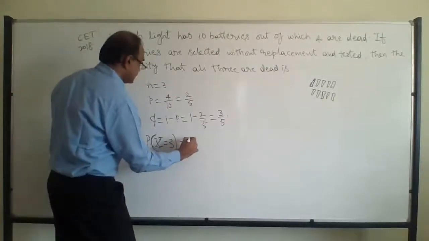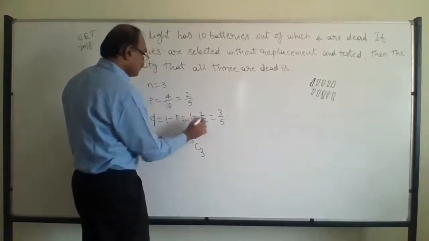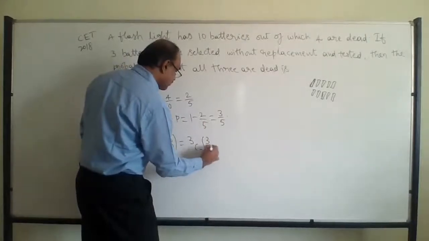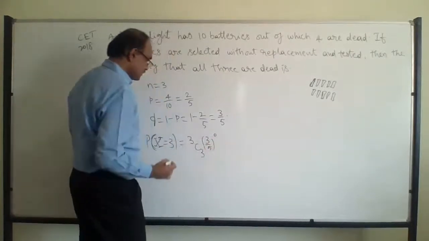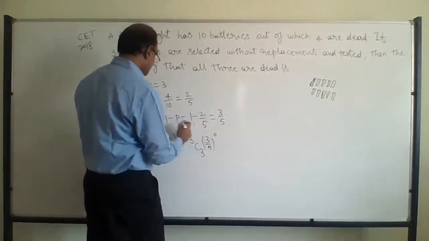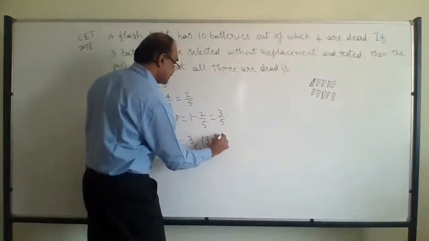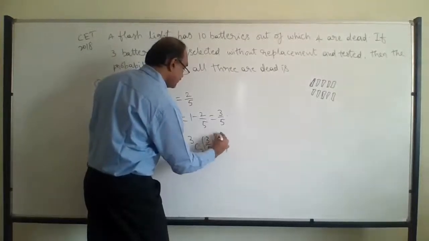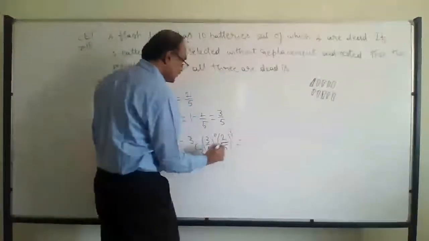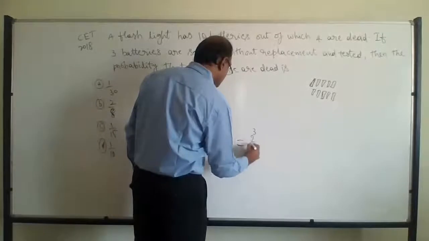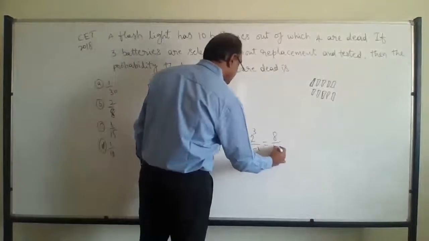That is N is 3, 3C3, nCx, Q is 3 by 5 whole to the power 3 minus 3, that is 0, and P is 2 by 5 whole to the power x, that is 3. So this is 1, this is also 1. So it is 2 cube divided by 5 cube, that is 2 cube is 8, 5 cube is 125.